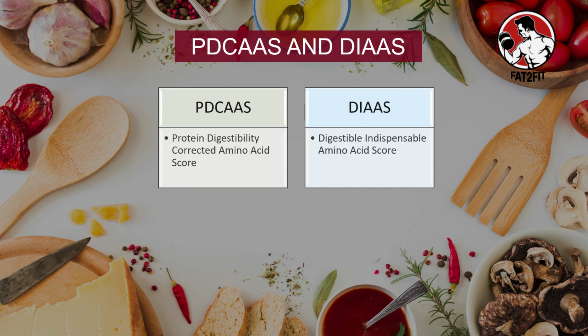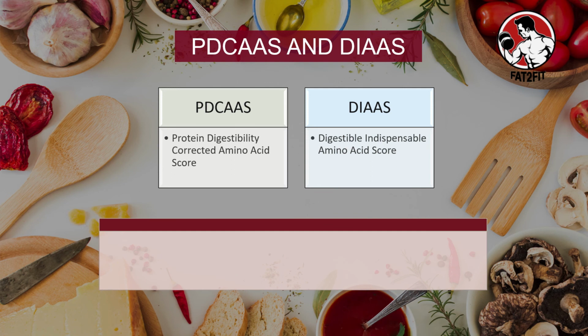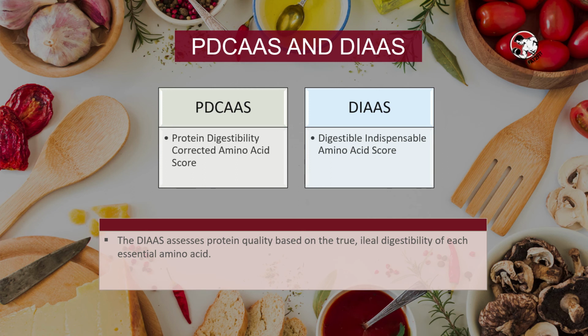For a long time, the PDCAAS was considered the method of choice to measure protein quality. In the meantime, however, DIAAS is considered a more accurate measure of the actual uptake of the individual amino acids. The DIAAS assesses protein quality based on the true ileal digestibility of each essential amino acid. Now, the ileum is a part of the small intestine, for those who are not aware.